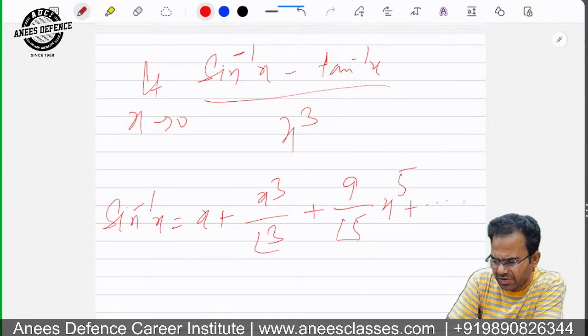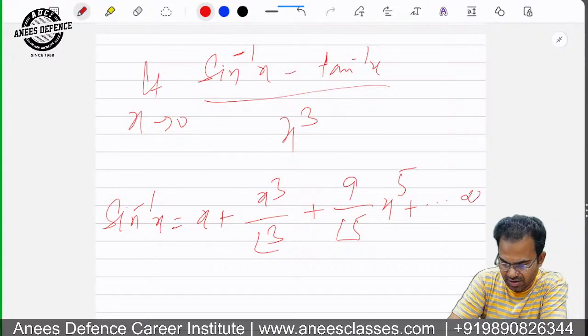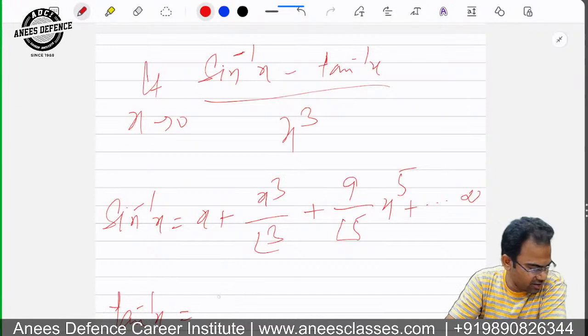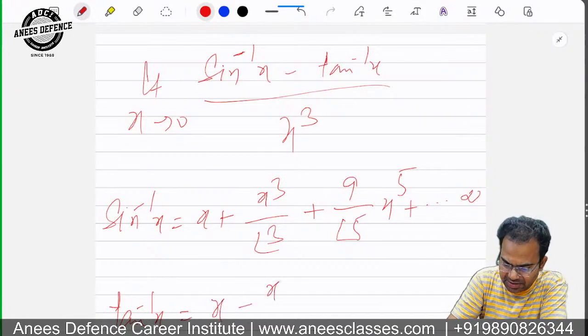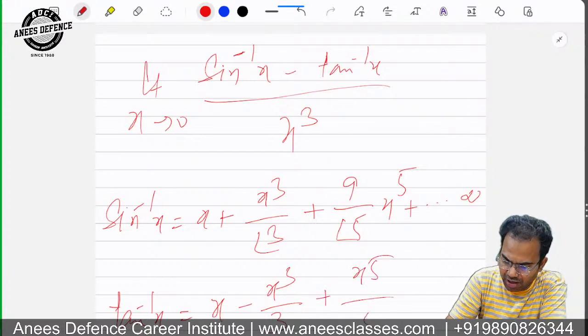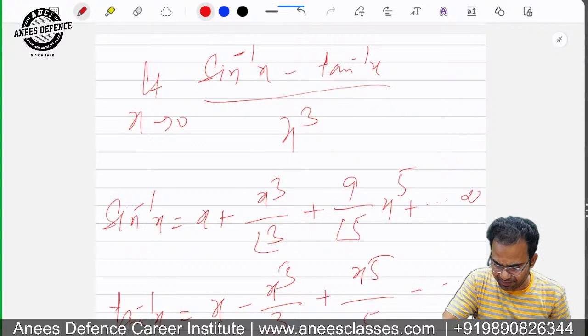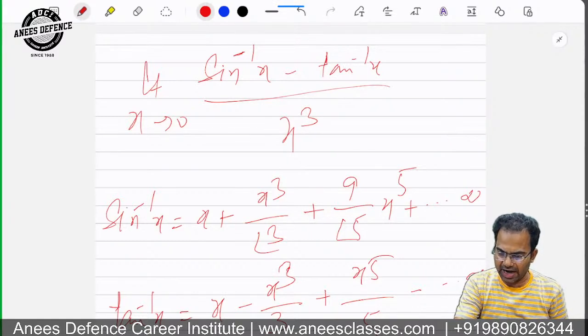You should only remember 3 terms, okay? For this, tan inverse x is x minus x cube upon 3 plus x to the power 5 upon 5 up to infinity. So write three terms, okay? Write these three.